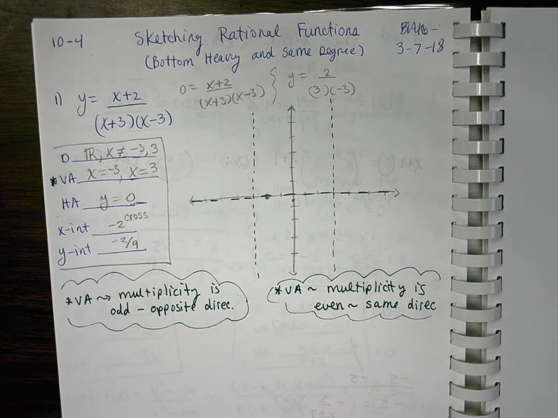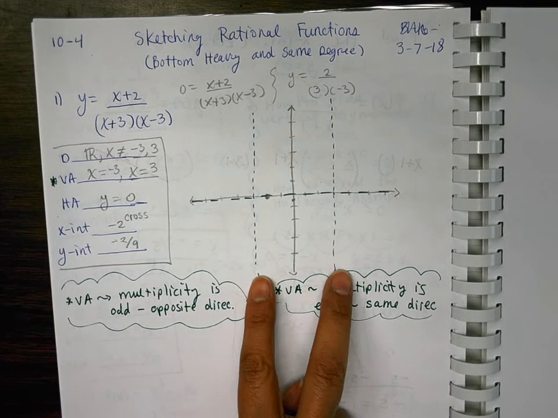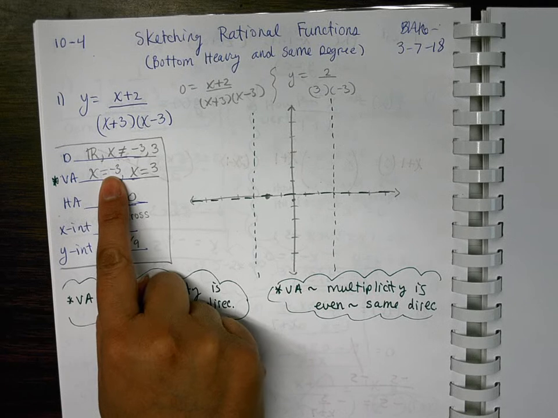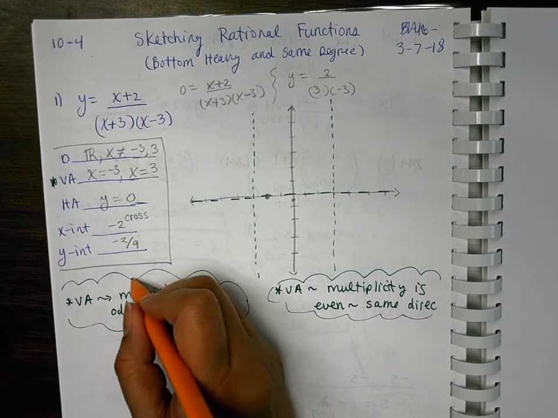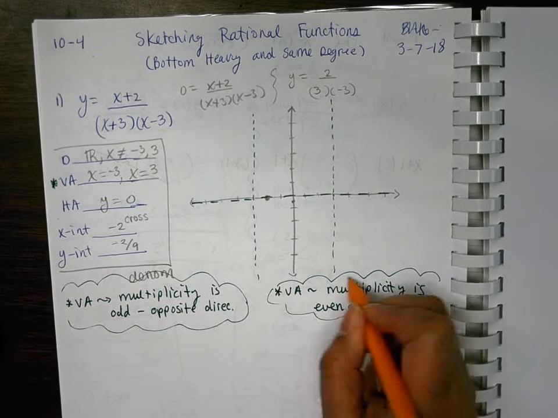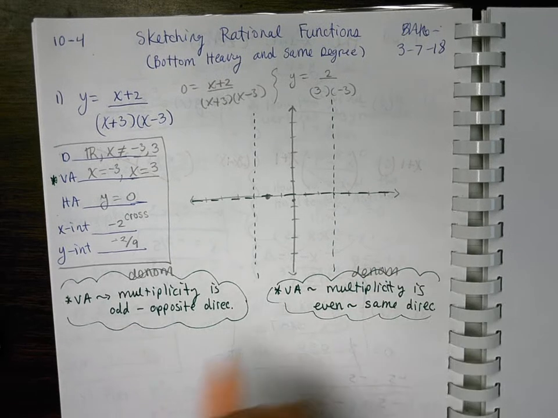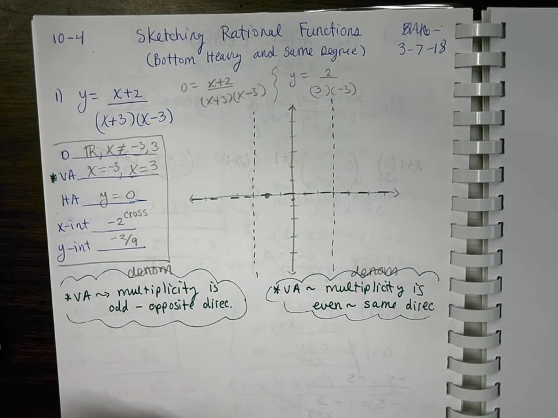All right, what does that mean? First off, where do I find my vertical asymptotes? Where do I look to find them? Denominator. So these will always be coming from the denominator. Vertical asymptotes will always be looking in the denominator.